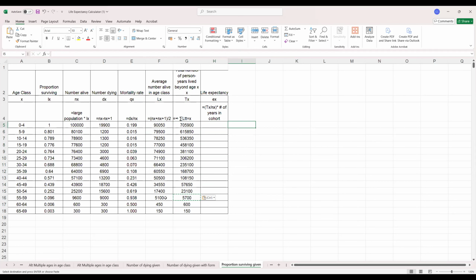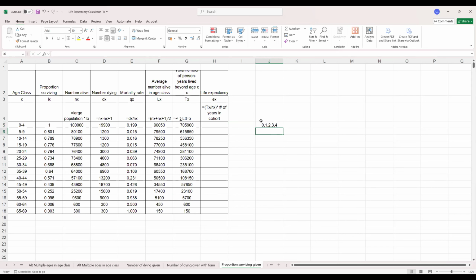Can someone answer for me? Is this an overlapping or non-overlapping age class? Mariella? Non-overlapping age class po. So how do we count? The 0 to 4, for example, will be 0, 1, 2, 3, and 4. So, 5 years.